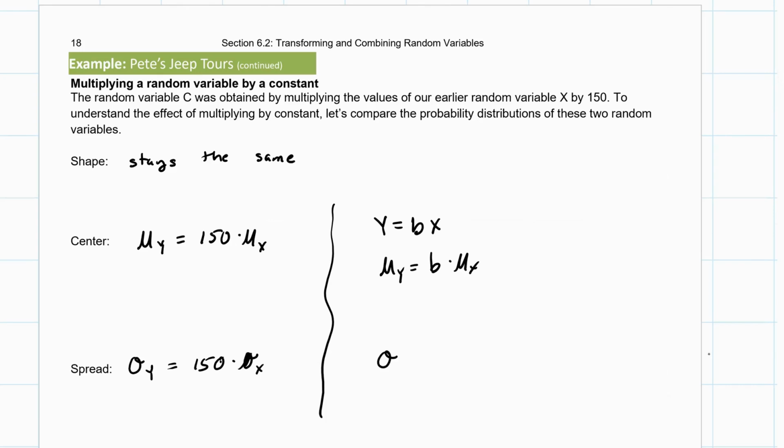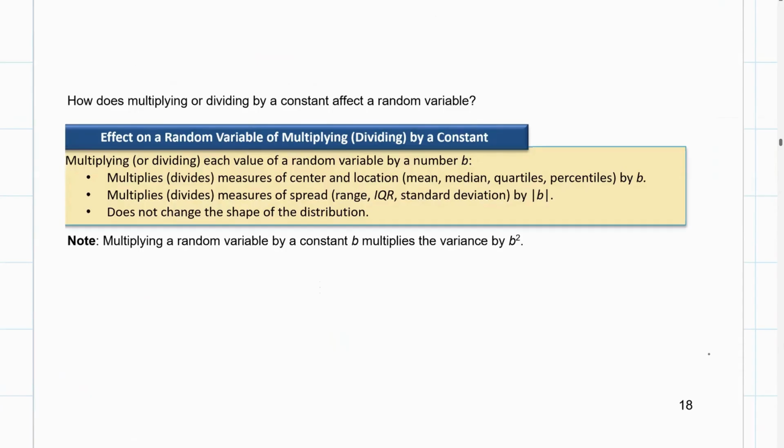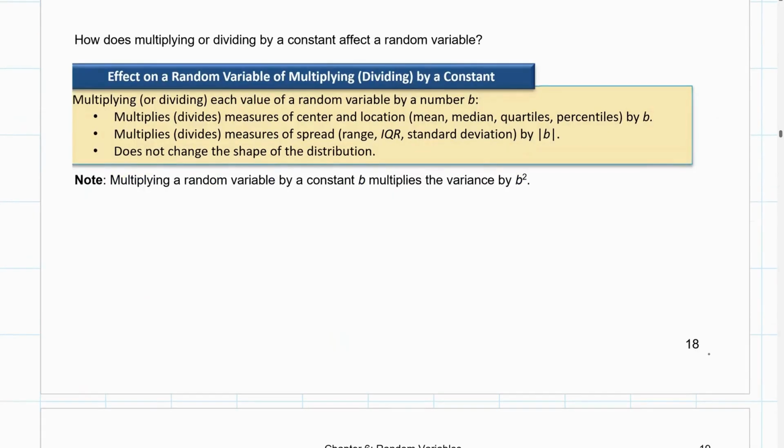Or more generically, the new standard deviation is simply b times the old standard deviation. So in general, multiplying or dividing by a constant changes the center, changes the spread, but does not change the shape. Oh, and by the way, the variance gets bigger by b squared.